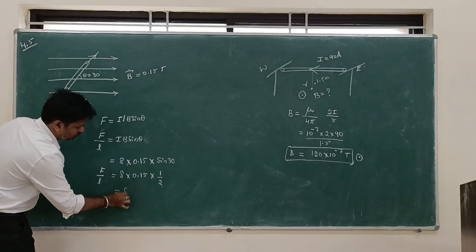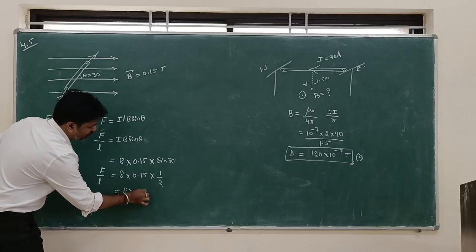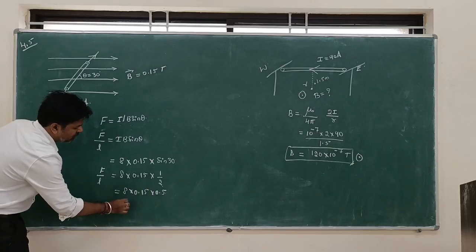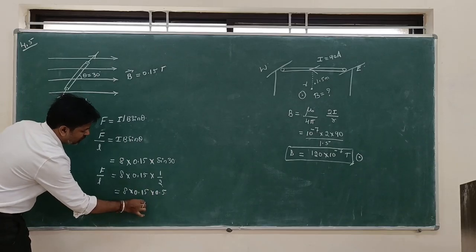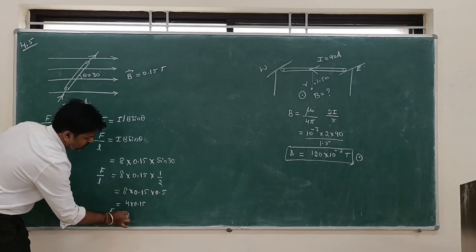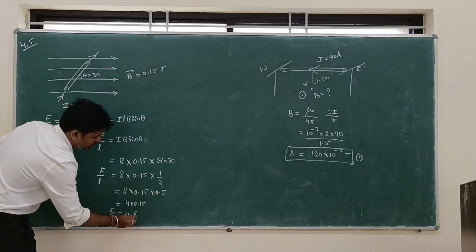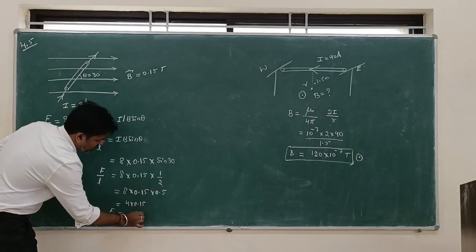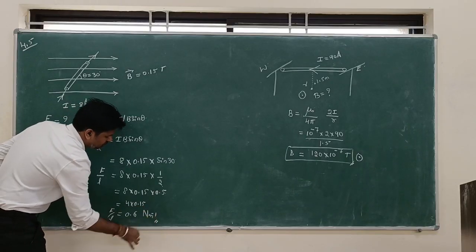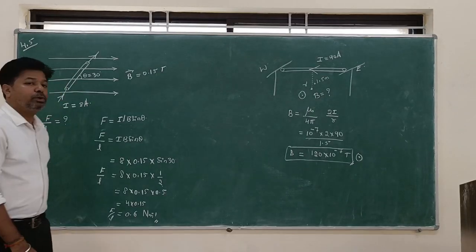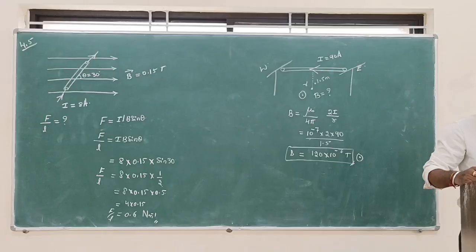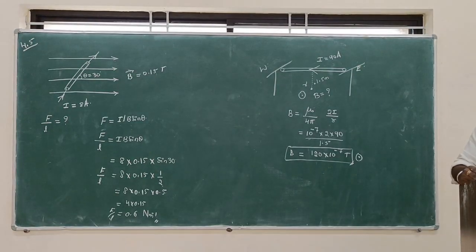That is equal to 8 into 0.15 into 0.5. This becomes 4 into 0.15. Is it 0.6? Okay. Unit is Newton per meter. 0.6 Newton per meter. Per unit length, the force on that current carrying conductor is 0.6 Newton.